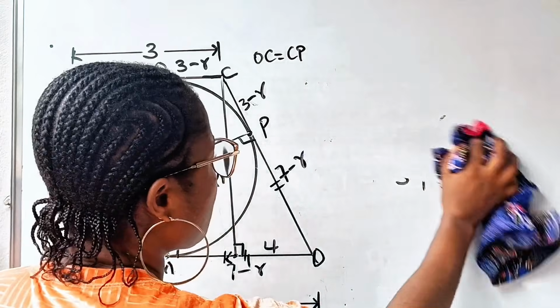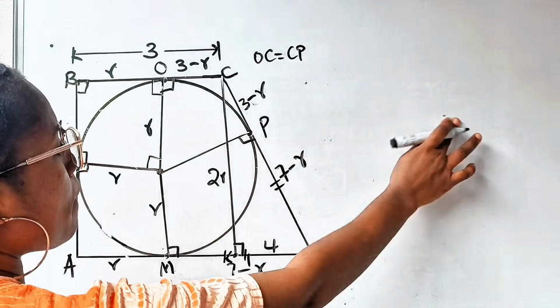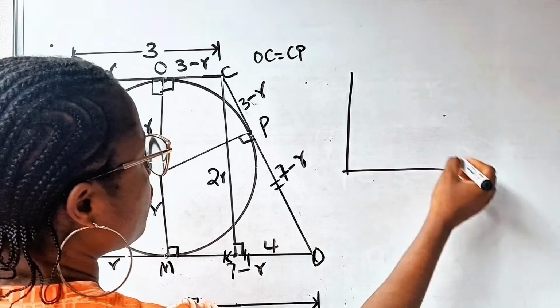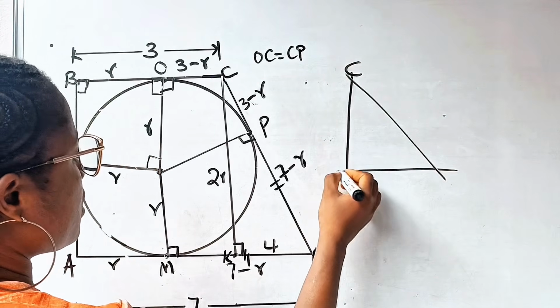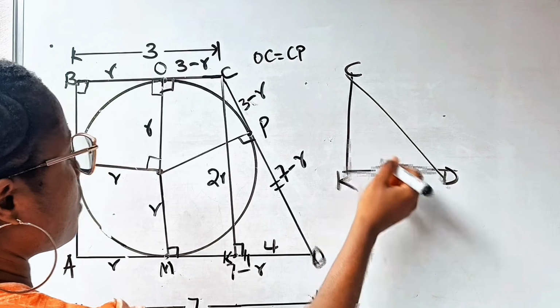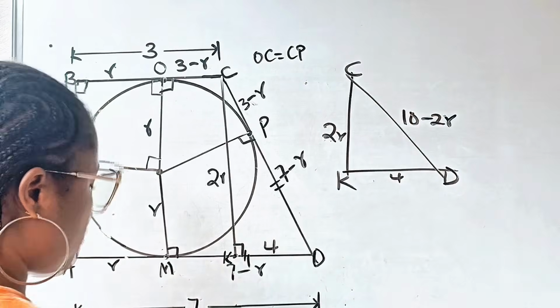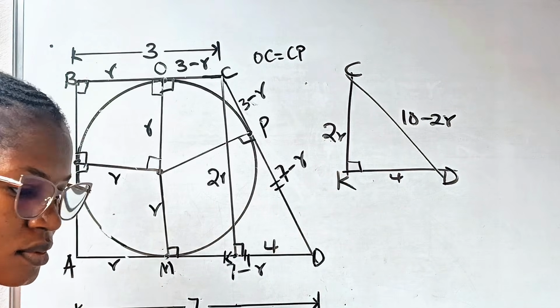Now we have our right angle triangle. So triangle KCD, using Pythagorean theorem, this is what we have. This is C, this is K, this is D. So this is 4, this is 2R, and this is 10 minus 2R. This is right angle.